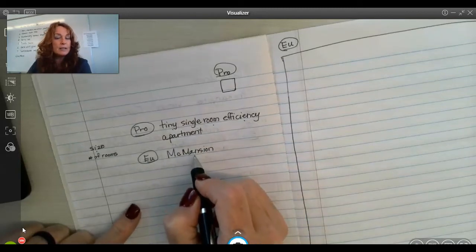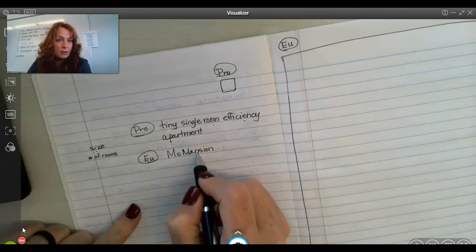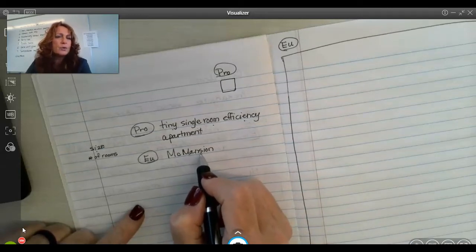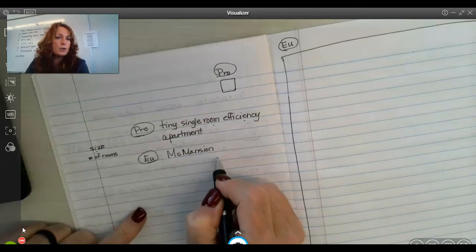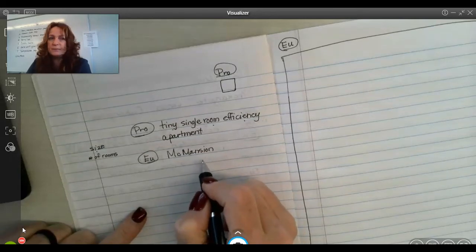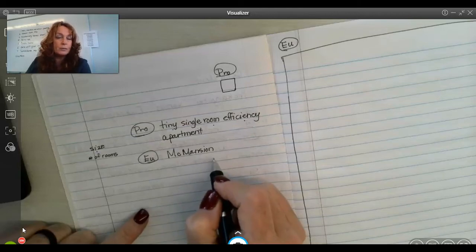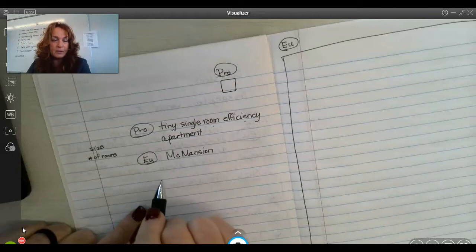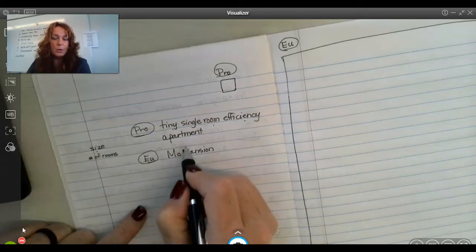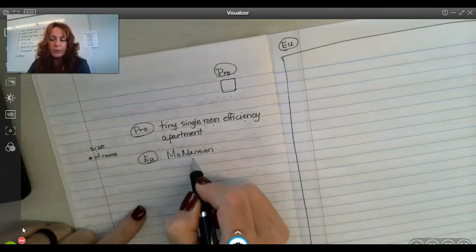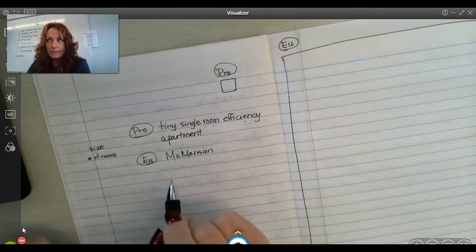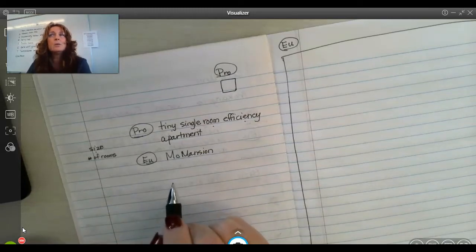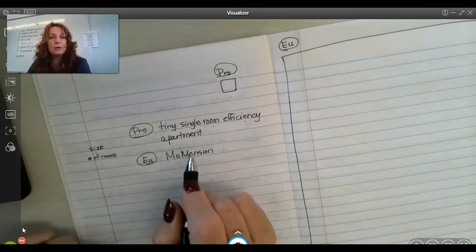Versus in a McMansion, where you might have 2, 3 kitchens, 3 or 4 different living areas, 7, 8, 9, 10 bedrooms, 10, 11, 12 bathrooms, 12 garages. I mean, you seriously have space for everything. So this is the difference between the way that they're put together.